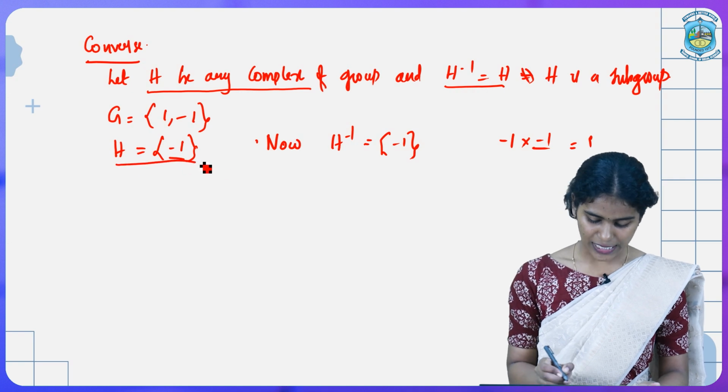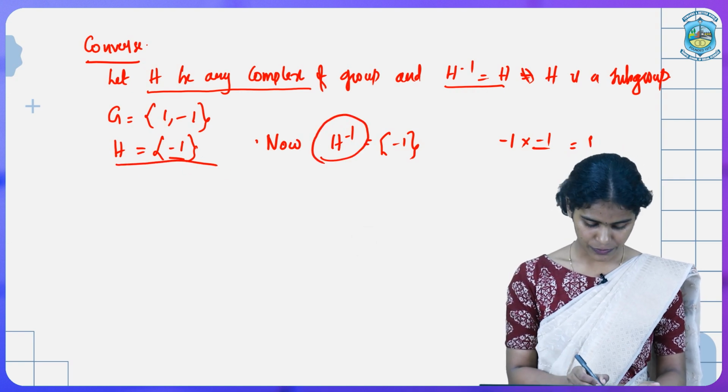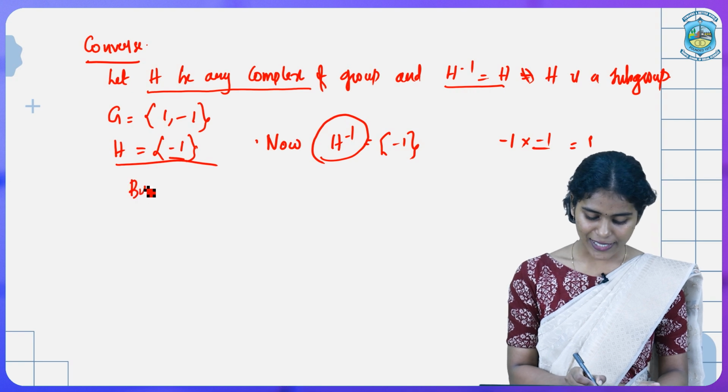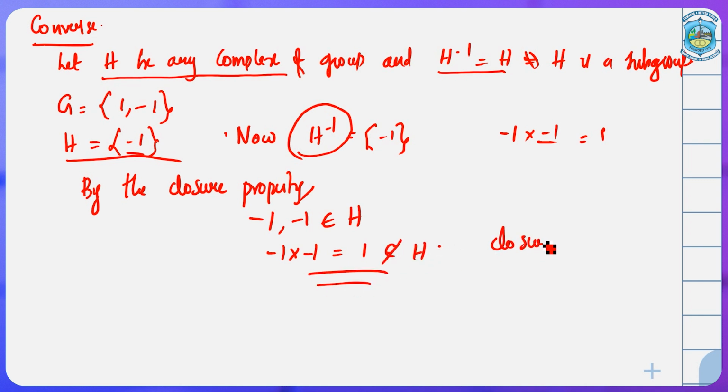Now, see, is this H becoming a group? No. Why? Because by the closure property, −1, −1 are two elements of H. Now, if I multiply this, what am I getting? 1, which is not a part of H, which implies that the closure property is not satisfied.